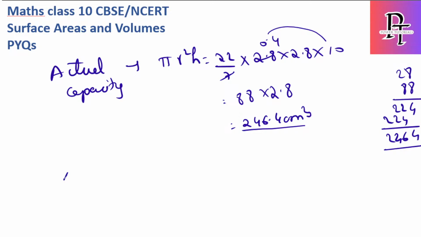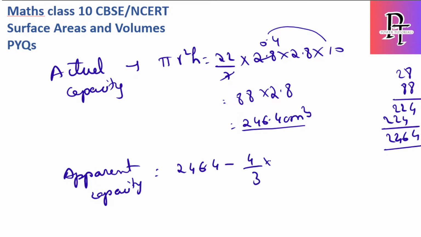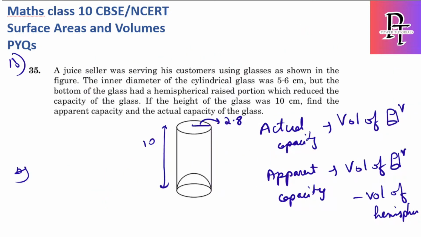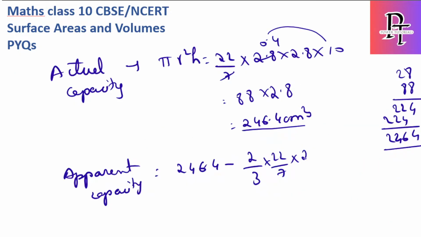Now for apparent capacity, as I mentioned, we have to subtract the volume of the hemisphere from this volume. So simply I will write 246.4 minus 4 by 3 pi r cube. Sorry, not 4 by 3, because 4 by 3 is for a full sphere, but it is a hemisphere, so it is only 2 by 3 pi r cube. 2 by 3 into pi into r cube is 2 by 3 into 22 by 7 into 2.8 into 2.8 into 2.8.